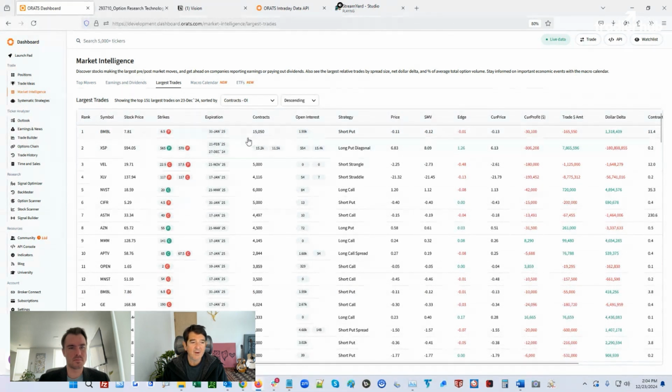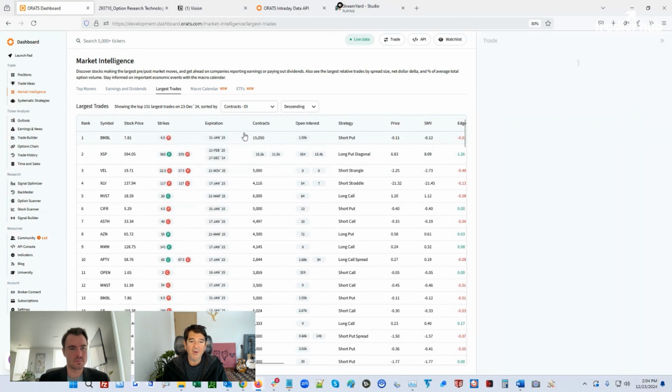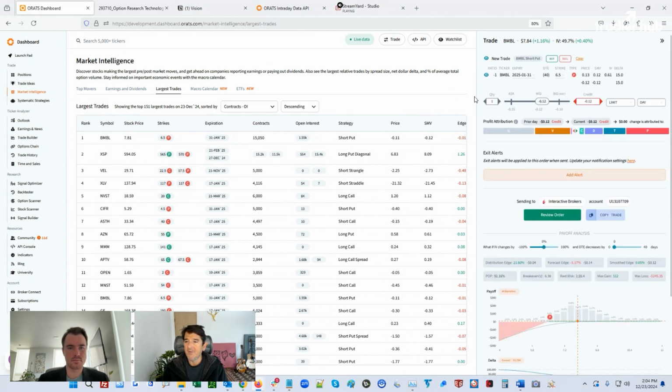You're right. So let's click on this, and that'll pull up the trade, so we can analyze the trade in our trade and analysis tool. So it's Bumble, which is up 1% today. The 6.5 strikes have 40 days to expiration. You could change the ratio there if you wanted.